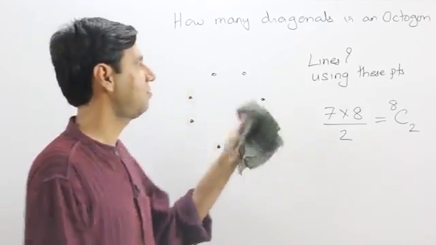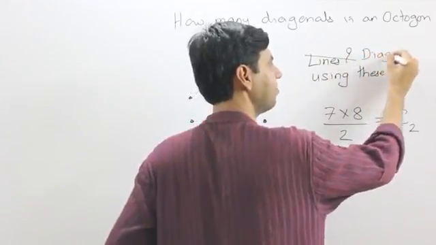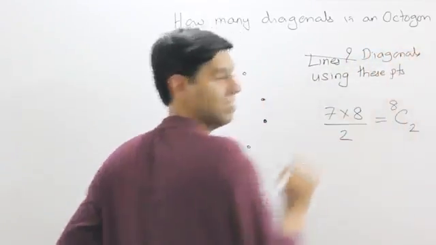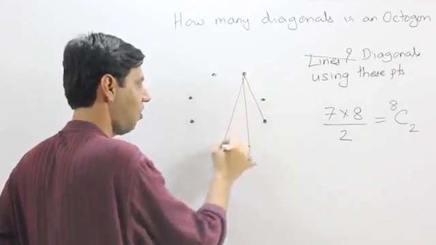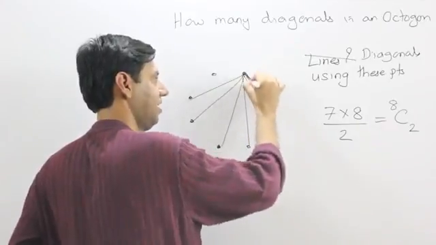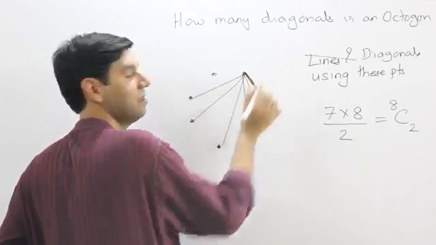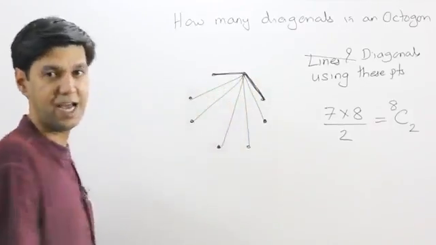So is the answer going to be the same? We are not looking at just lines, we are now using diagonals. And so what is the only difference? Each of these are acceptable. These all are diagonals. However, what is not acceptable is this line here. Why is this not acceptable? Because it becomes a side. Similarly, this would become a side, so it is not acceptable.